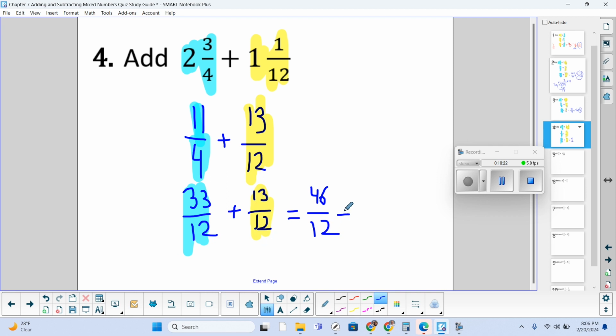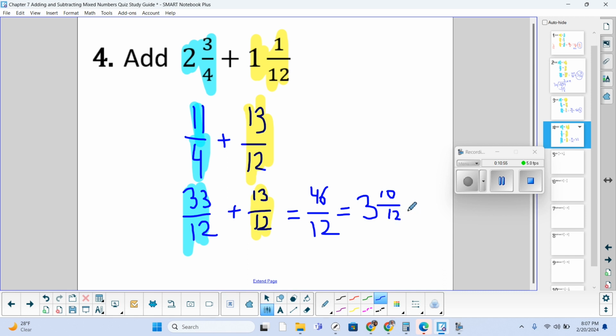All right, well, how many times does 12 go into 46? Let's see. 1 times 12 is 12, 2 times 12, 24, 3 times 12, 36, 4 times 12, 48. So it's too much. So it would be 3 whole times. 3 times 12 is 36, so 46 minus 36 would leave us a remainder of 10 over 12.